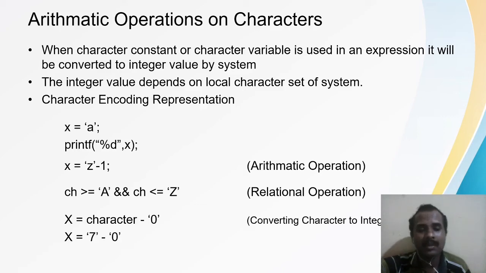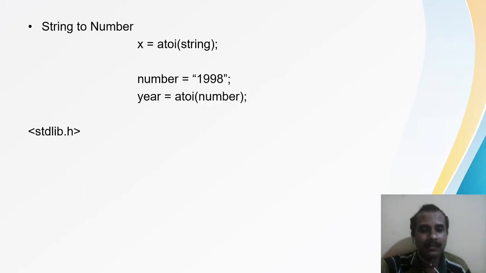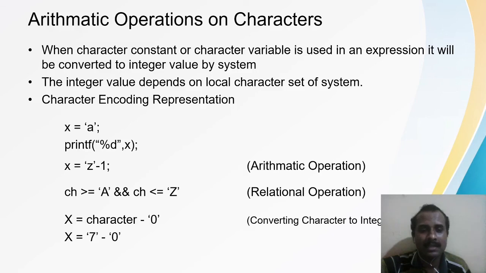For example, character 7 is 55 in ASCII representation, and character 0 is 48. Sorry, 48. So 55 minus 48, the answer will be 7.